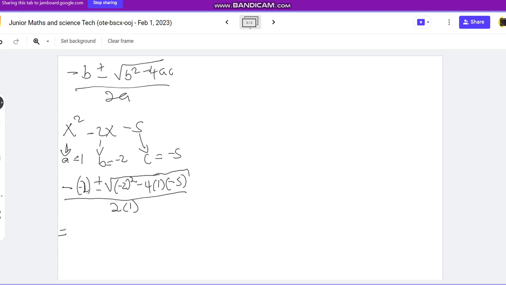So if you are to use a calculator, what do you get here? Let me just calculate as well. This would be 2, and the square root of 2 squared minus 4, 1, and then negative 5.